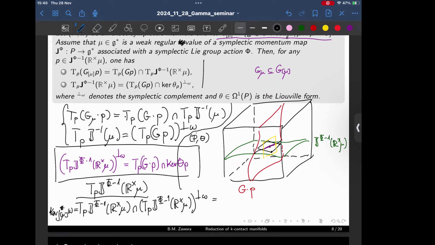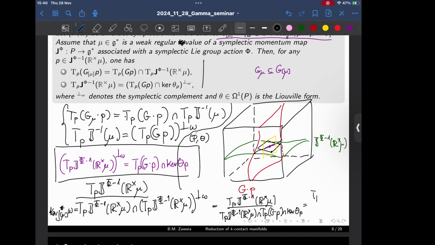So now, applying this lemma, it's very easy to show that J_phi^{-1}(R cross mu) intersected with the orbit G·p and the kernel of theta at p, right?